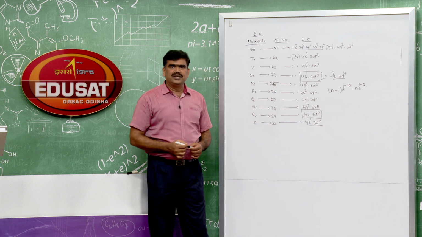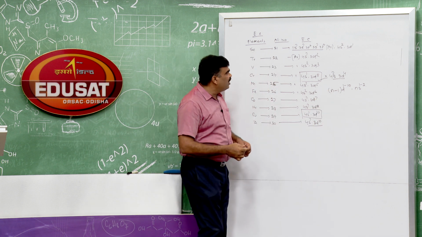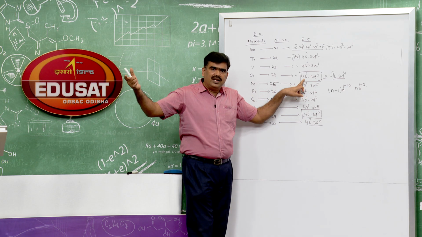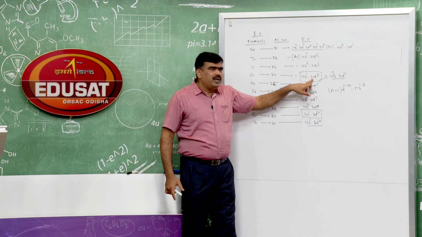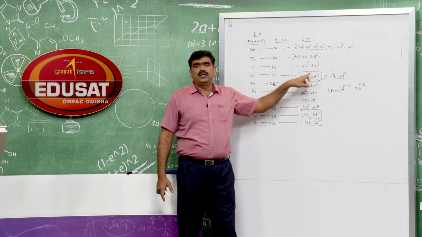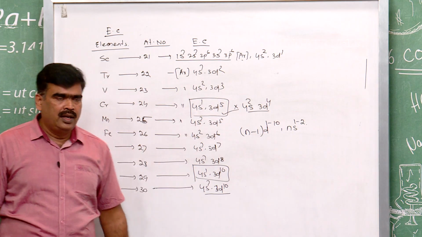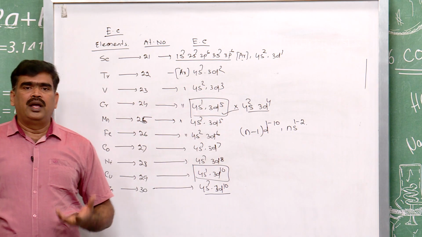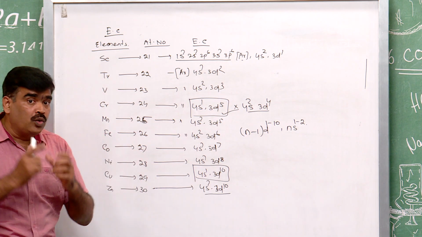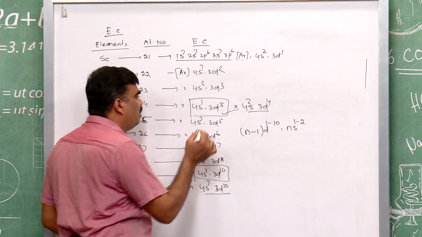Here comes a question. Why is the electron filled in the 4s orbital? The fourth shell is the valence shell. The electron is supposed to be filled in the 3d subshell, but it is filled in the 4s subshell first, then 3d. Why? It is because of the rule called the n plus l rule. That rule decides to which subshell the electron will be filled first.